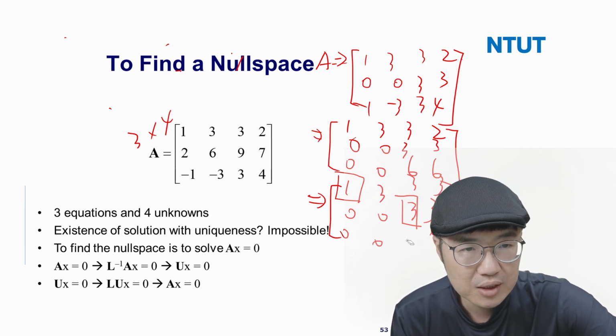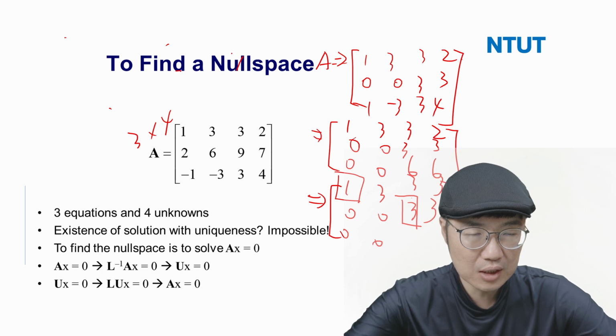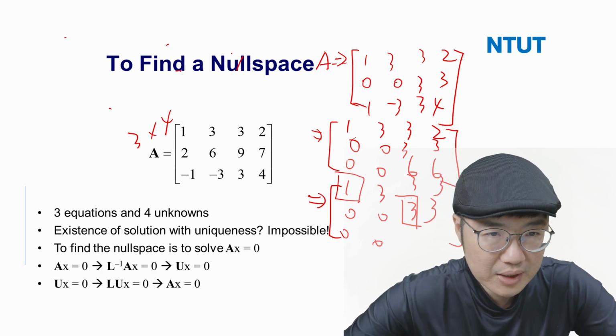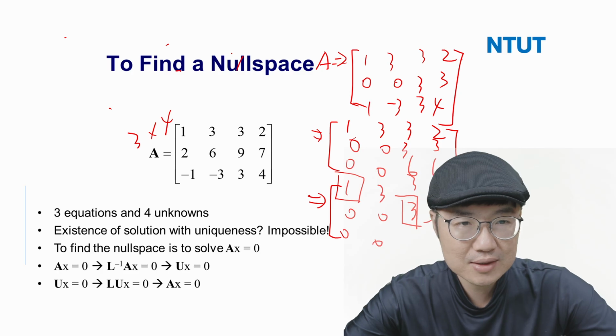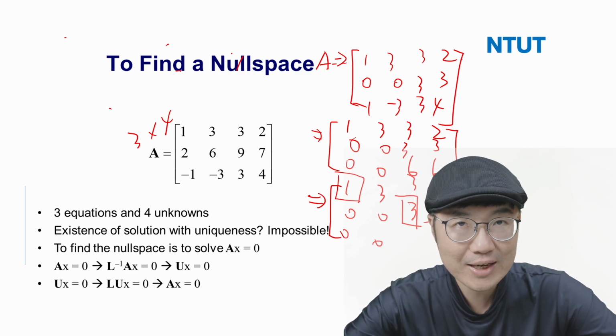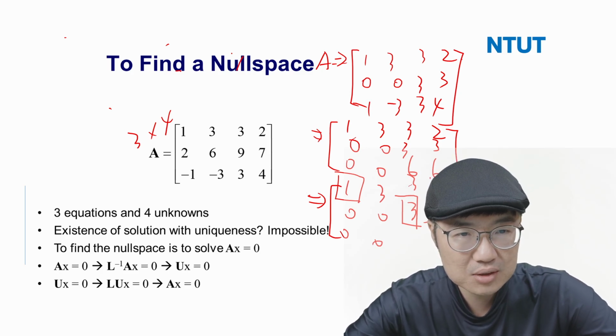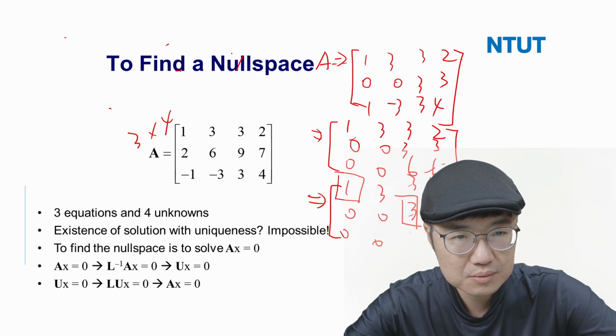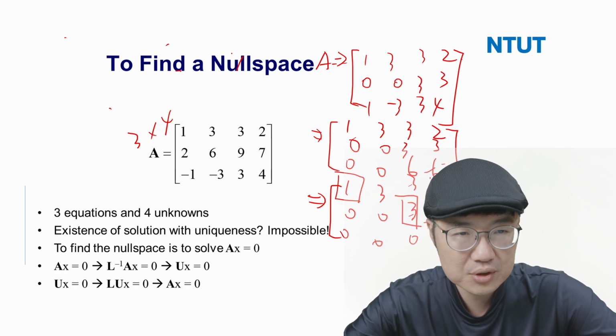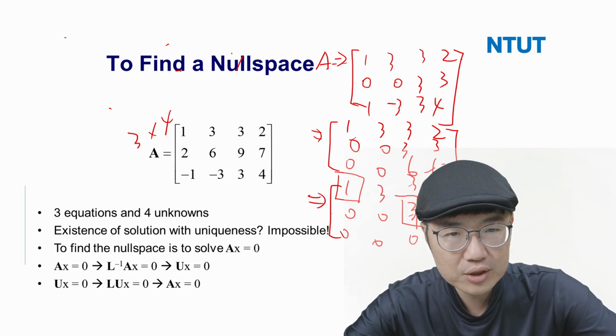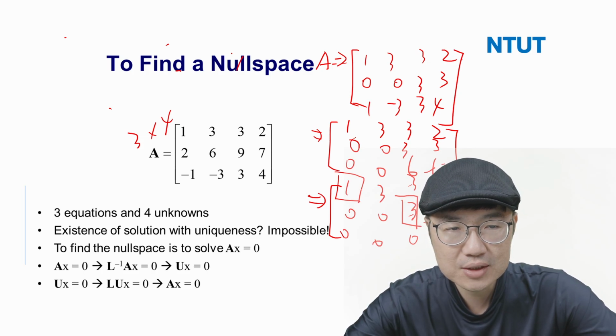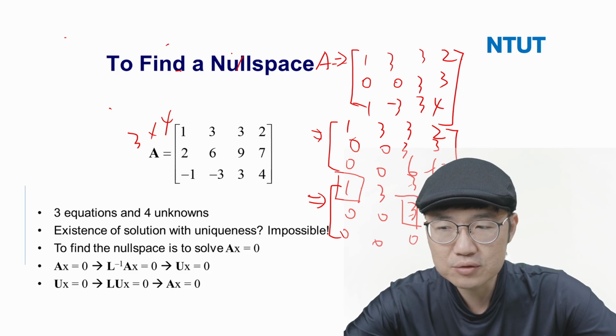So we need to do a further round of row manipulation. We multiply the second row by -2 and add it to the third, which gives the last row a full 0. So finally, we have only 2 pivots, 1, 0, 0, and 3, 3, 0.